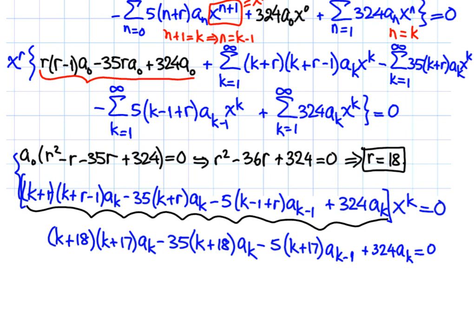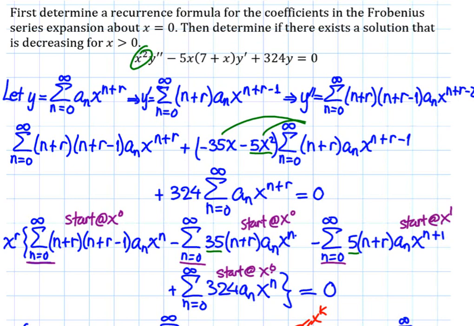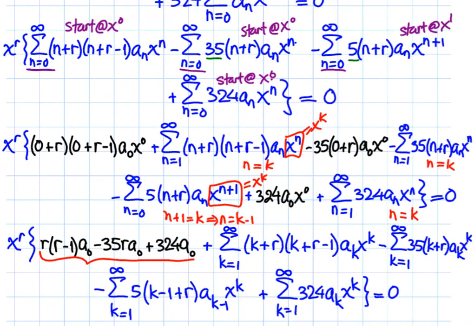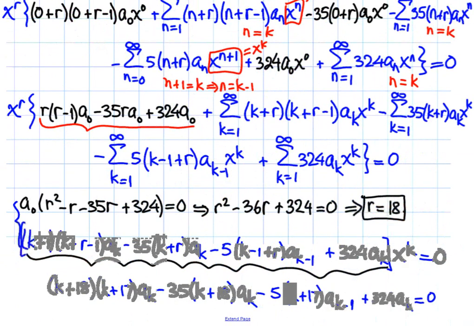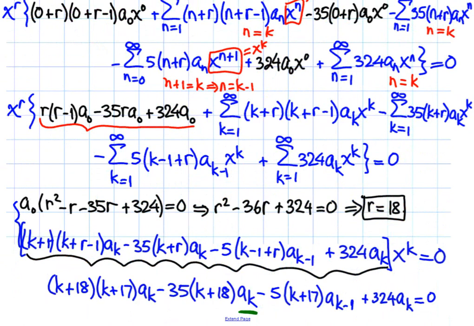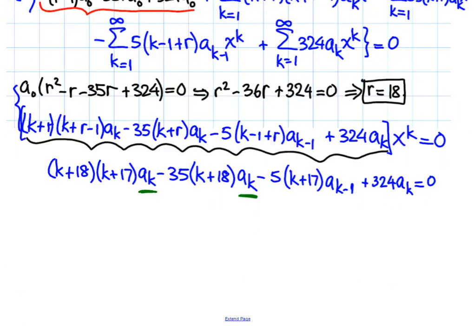Right. Pretty much just multiply them out and combine like terms. So for a sub k, we have k plus 18 times k plus 17. Now all of them have a sub k, so focus on that and factor it out.